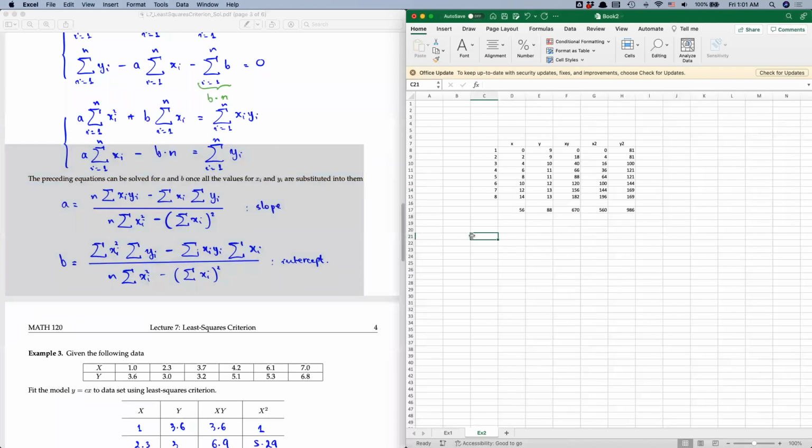So for A, it's going to be equal to, so we're going to type in the information for the numerator. n in this case is equal to 8, times the summation of x times y minus the summation of x times the summation of y, close the parenthesis, divided by the denominator, in this case 8 times the summation of x squared minus the summation of x altogether squared.